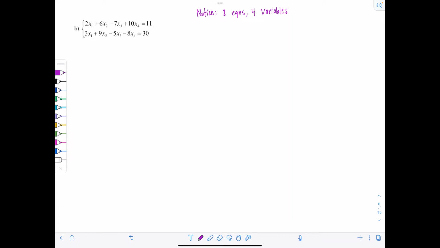So still the same process, it's just not gonna look so nice. You won't get this cute diagonalized square looking matrix, you know? 2, 6, negative 7, 10, 11, 3, 9, negative 5, negative 8, 30. Okay, same process holds though.